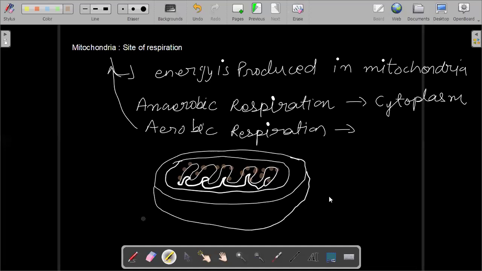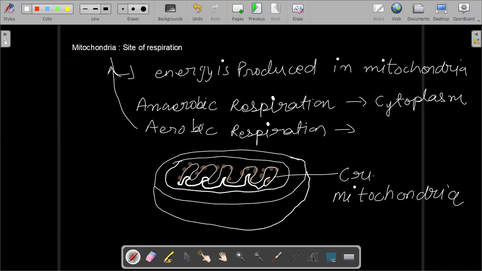So I am drawing the structure of mitochondria. These foldings are called cristae. This is your lamella. And here you have the matrix.